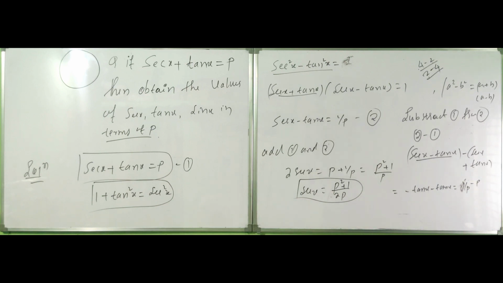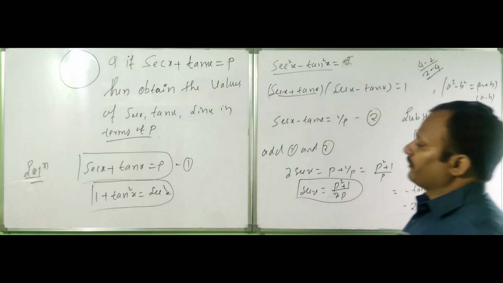So this becomes minus 2 tan x is equal to 1 minus p square divided by p. This becomes tan x equals p square minus 1 divided by 2p. So sec x is p square plus 1 divided by 2p, and tan x is p square minus 1 divided by 2p.